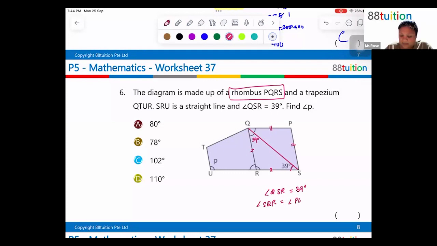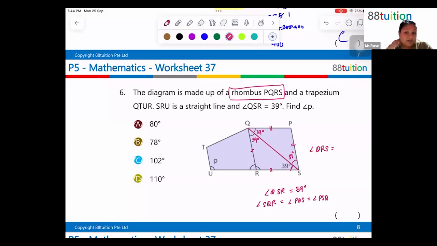Angle PQS, which is equal to angle PSQ, all of this is 39 degrees.